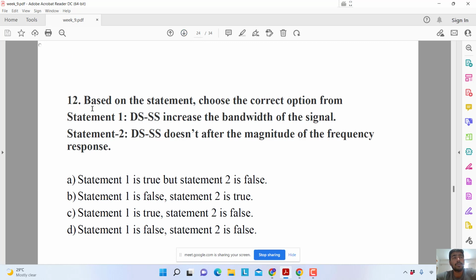Next question is 12, and this is the statement type. Question is based on the statement, choose the correct option from those two statements. Statement one: DSS increases the bandwidth of the signal. Next is that DSS doesn't affect the magnitude of the frequency response.